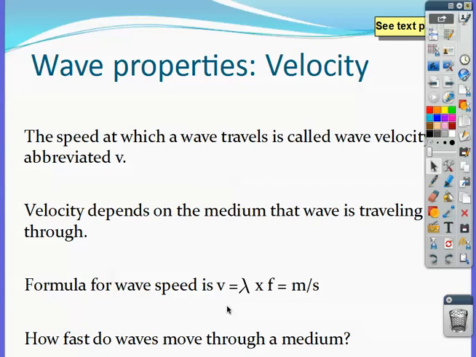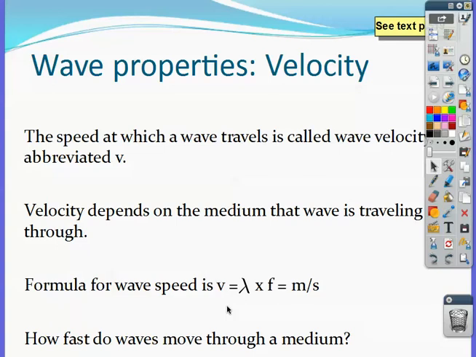If we think about light waves, they are an example of an electromagnetic wave, a wave that does not require a medium. So the more densely packed the particles are, the slower that wave is going to travel.